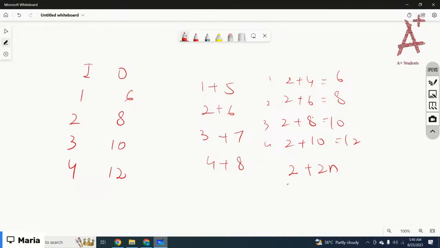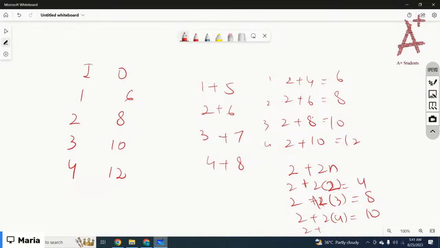When n is 1, 2 plus 2 times 1, that would be 4. When n is 2, 2 times 2 is 4, 4 plus 2, it would be 6. 2 plus 2 times 3, 6 plus 2 is 8. 2 plus 2 times 4, 4 times 2 is 8, 8 plus 2, 10.